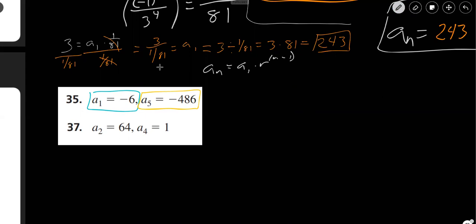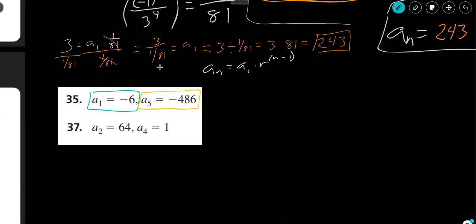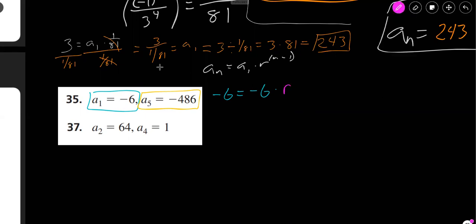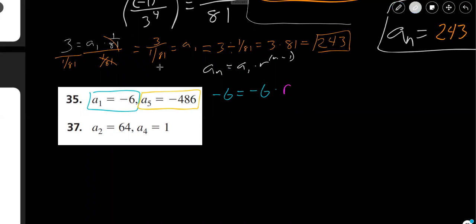So if I fill this out, negative 6 is equal to, well, there's A1 again, times my ratio. I don't know my ratio. And then my n in this case is 1, so it's going to be 1 minus 1.